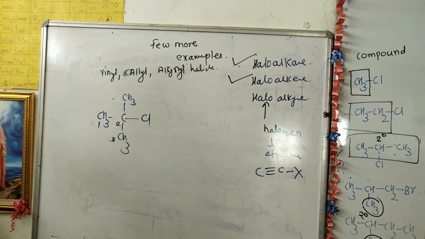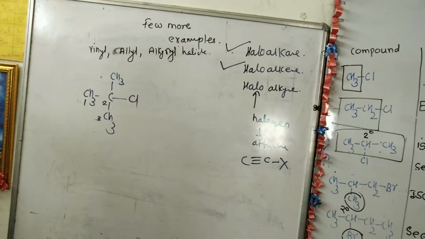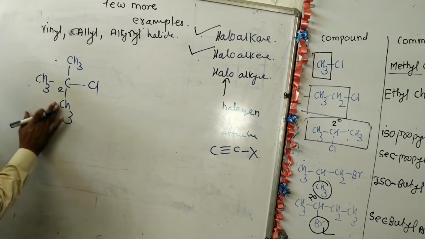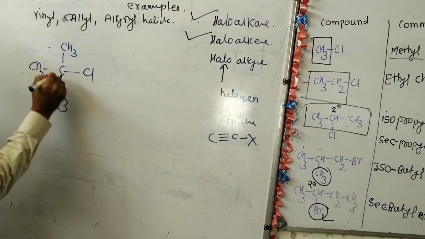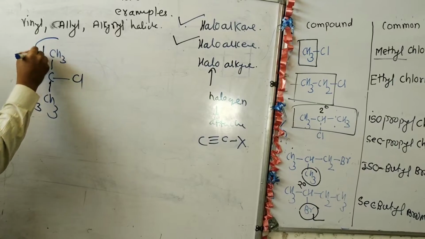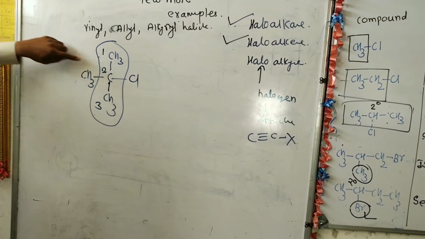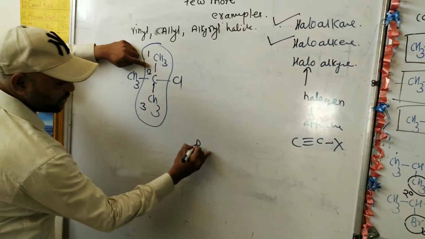So in this case, from anywhere we get a 3 carbon chain maximum. Once you select the 3 carbon chain, circle it. It is called propane.